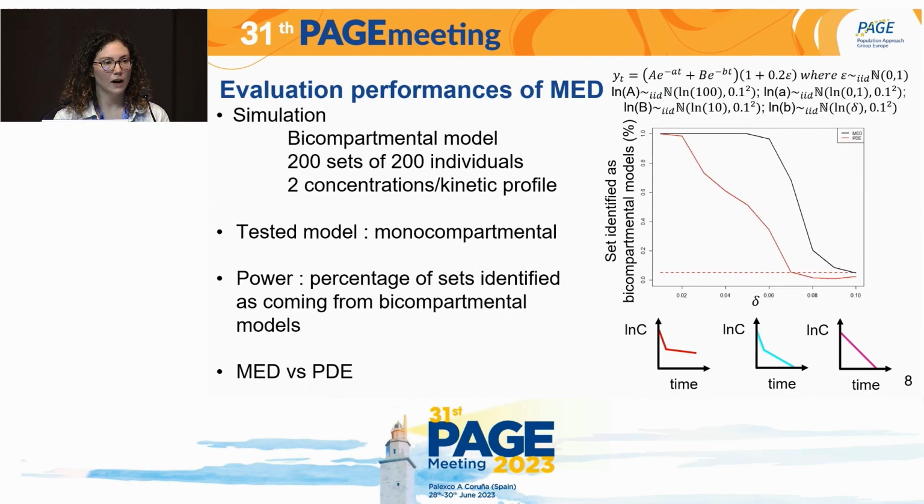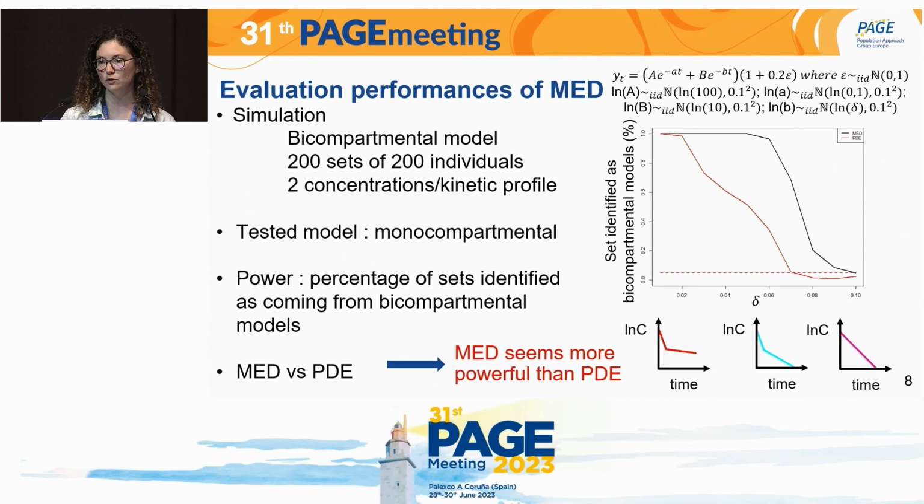Here I have added the results provided by the PDE, and you can see that the PDE allowed to detect that the observations are simulated by bicompartmental models only for kinetics very highly bicompartmental. So in this example, the MED seems more powerful than the PDE to detect a misspecification in the structural model.